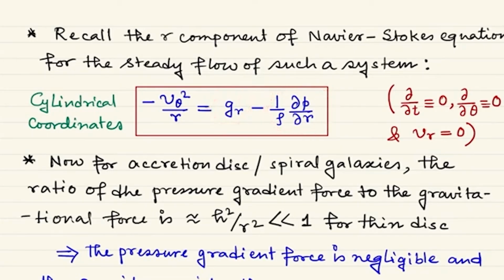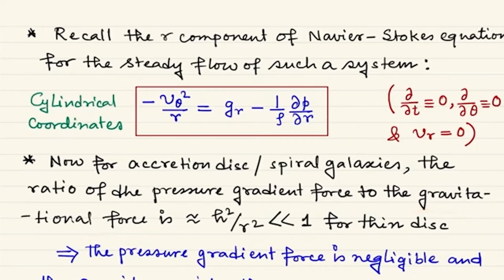So if you remember, for accretion disks and spiral galaxies, which are thin, we can in practice neglect the pressure gradient force. The net acceleration due to the pressure gradient force will be negligible with respect to the gravitational acceleration.